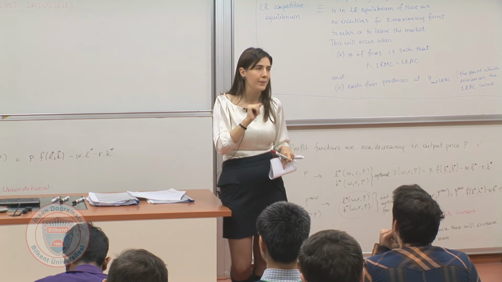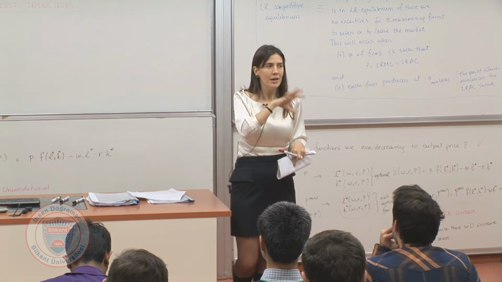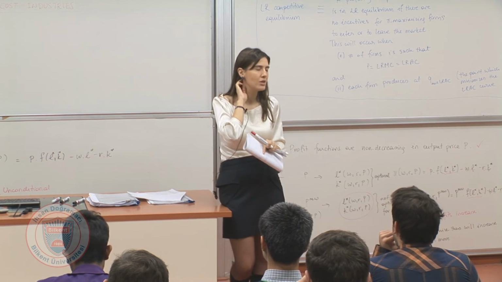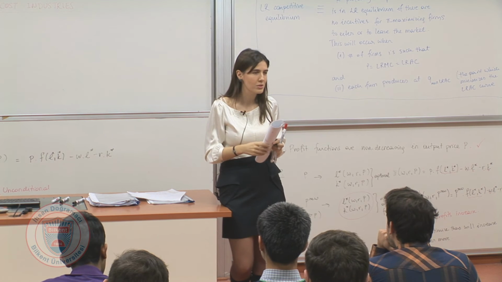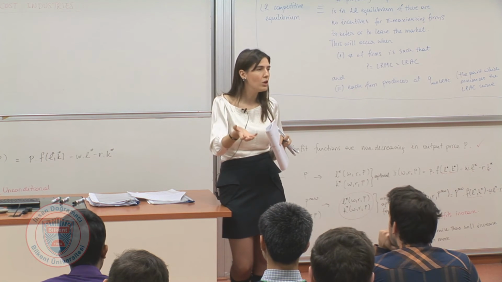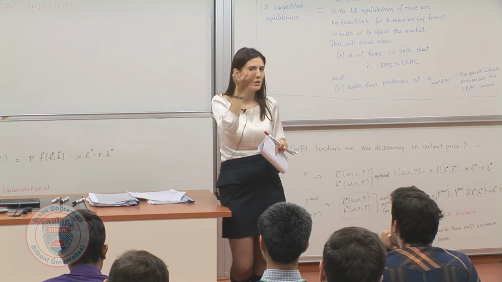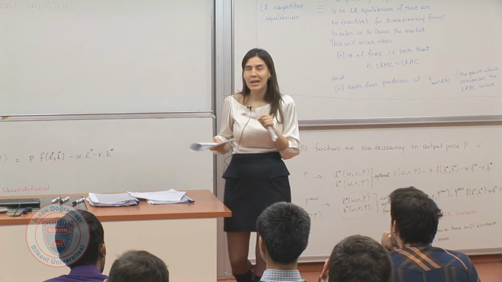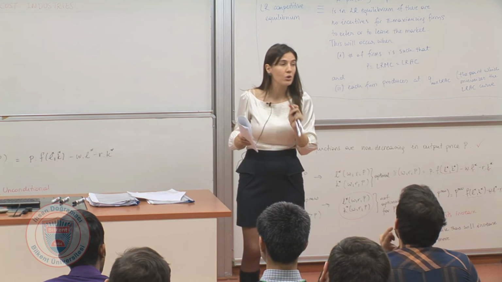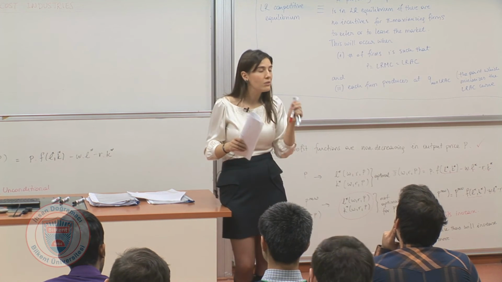Then what's going to happen? Suppose you entered and workers are not that many in that industry, so wages are a little bit higher. What's going to happen to the costs? They will increase, right? So all these average cost curves, do you think they're going to move up or down? Up, right?